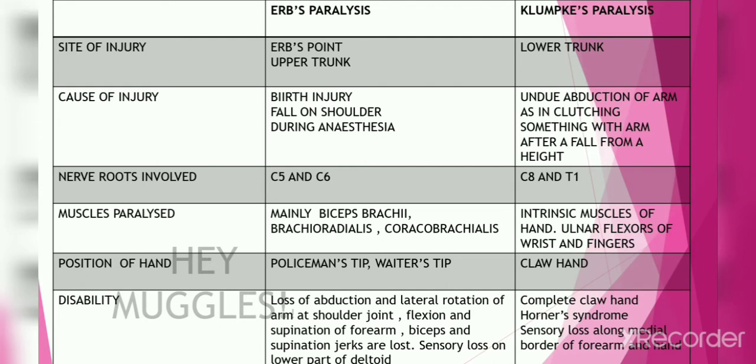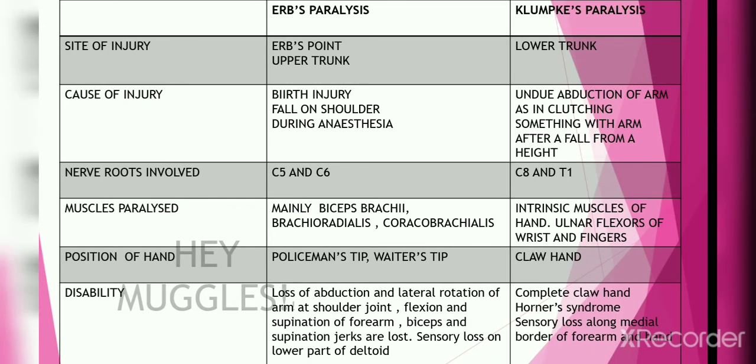So he has fallen from a height and he's trying to catch something, he's trying to clutch something. So in that case there can be sudden abduction of the arm, and it can cause Klumpke's paralysis, right? For example, in cricket, while catching the ball, right?